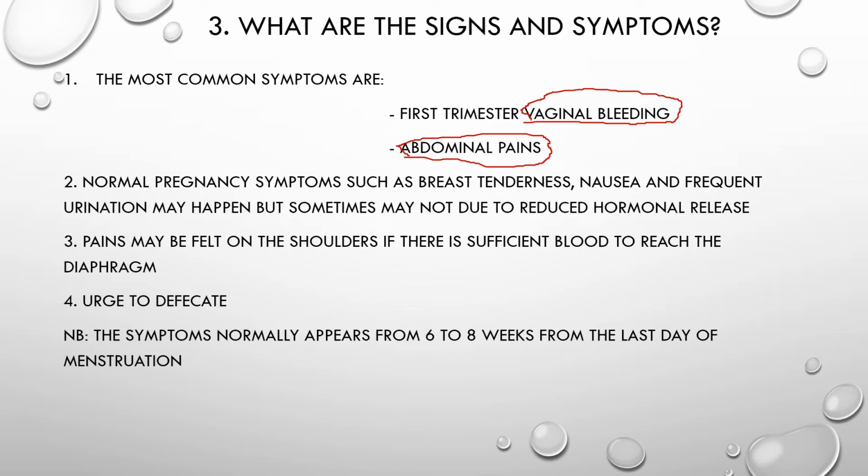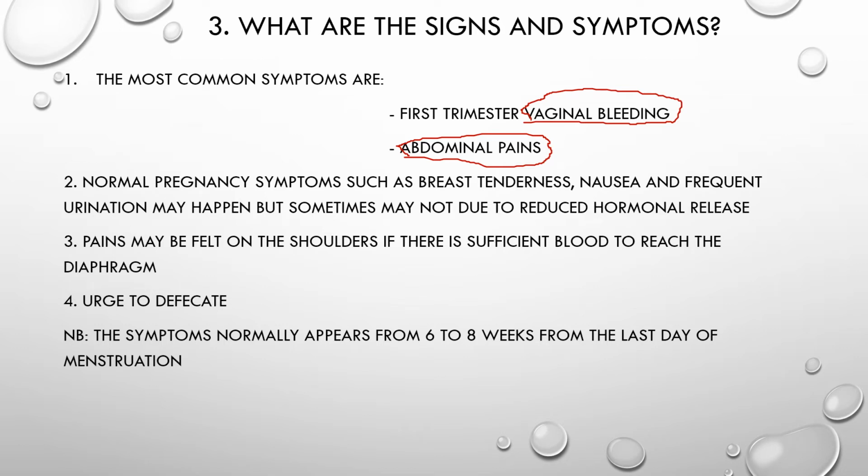But sometimes the hormones will not be increased in the body. Therefore, you may not feel these symptoms such as the breast. When you touch your breast, you'll even feel that they are big, and when you touch them, they are bouncing back, meaning that they are tender. There is nausea. You feel like vomiting.